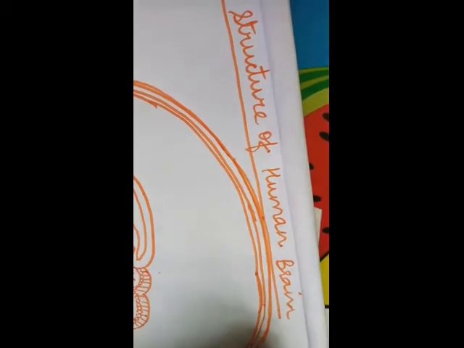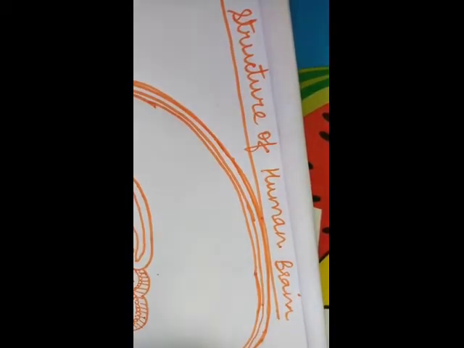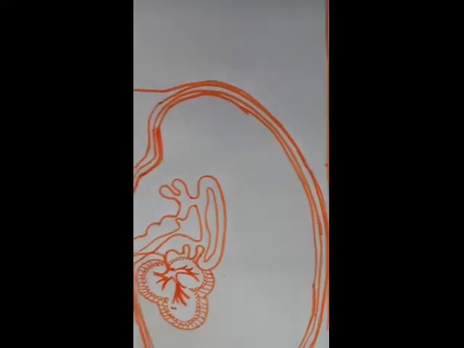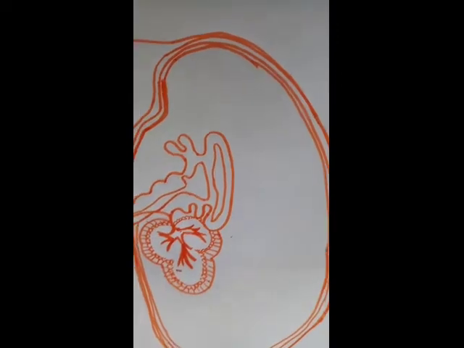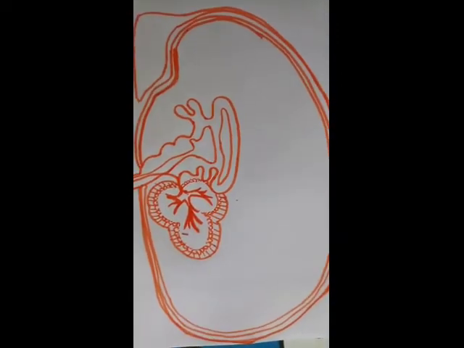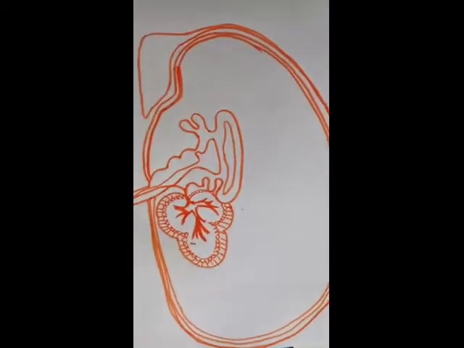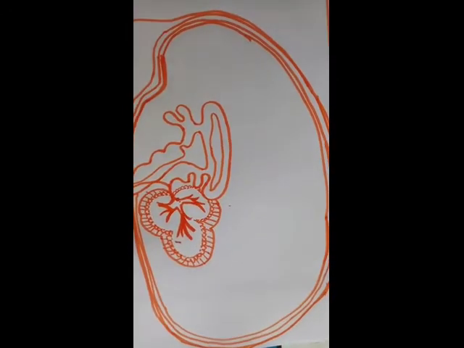You're going to merge this point in this line only. Okay. So these are your layers of brain and the cranium capacity, that is cranium, the skull.